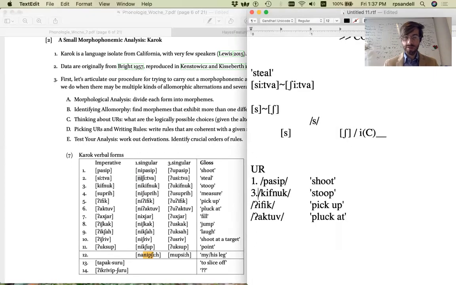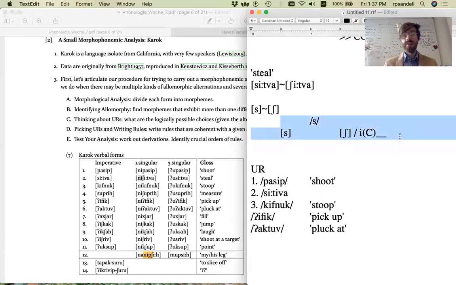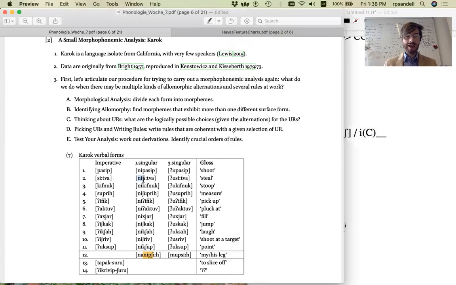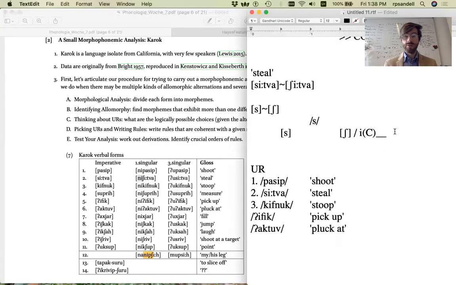So row number 2, the underlying form by our analysis of the allophonic relations must be sitva, and the allomorph shitva is derived by the S palatalization rule, and the same applies to row number 4 as well.